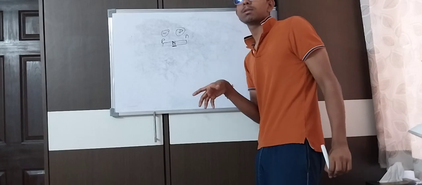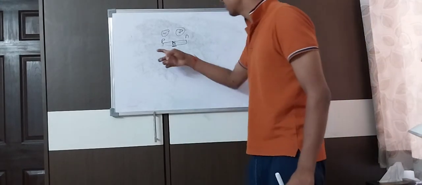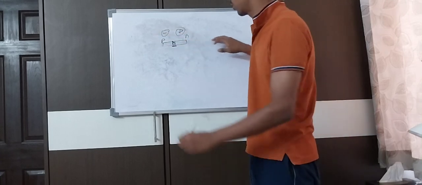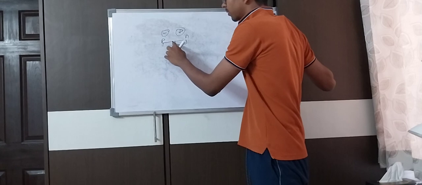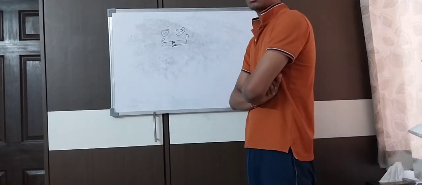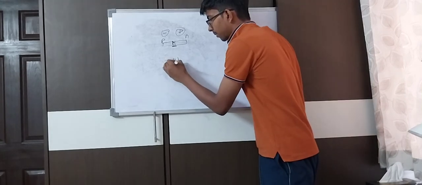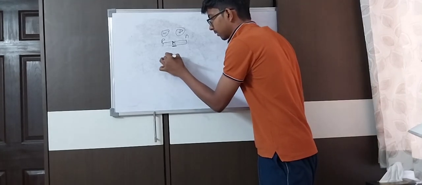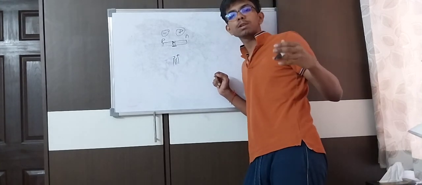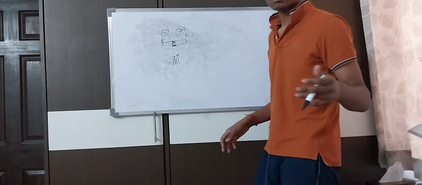So again, over here we have to talk about diffusion and the drift. What is happening in forward bias? You're opposing the barrier potential. Because of that, the barrier width, say it was this, it will become this. It will decrease. So if the barrier width is decreasing, the barrier potential itself is decreasing.